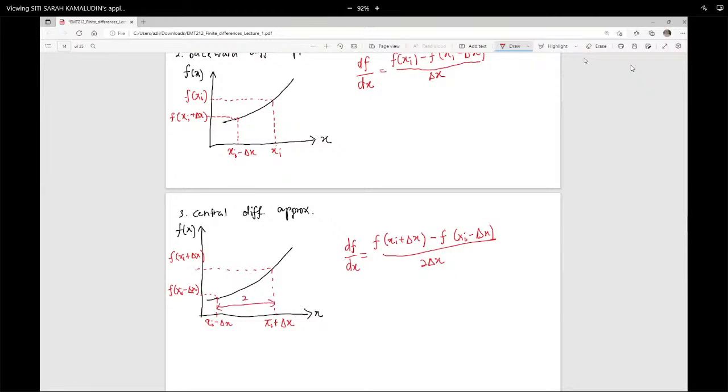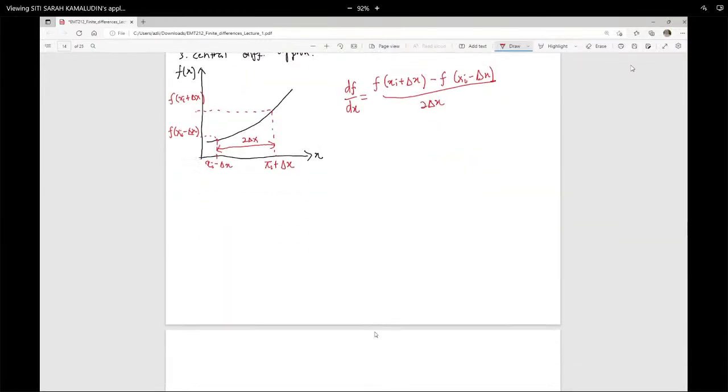So you can see that xi is our point of interest and delta x is our step size.